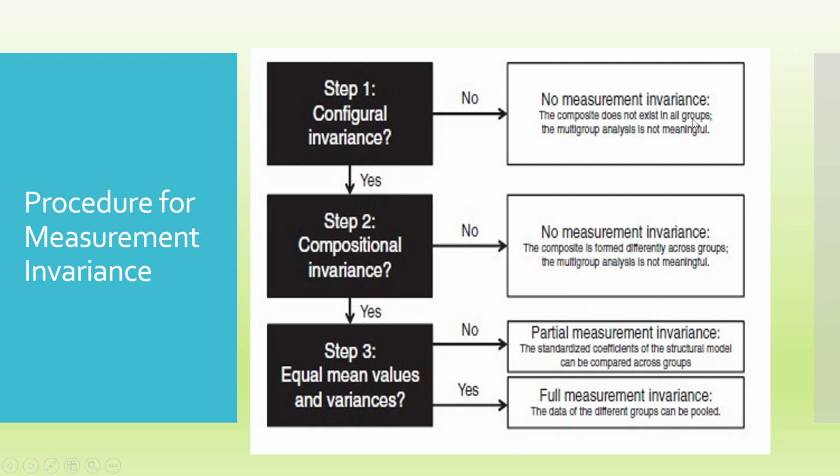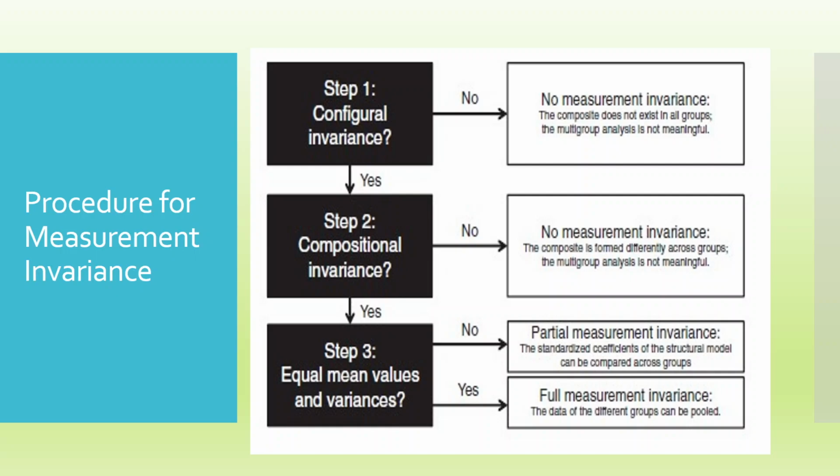The composite does not exist in all groups. The multi-group analysis is not at all meaningful. As two groups are not equal, we cannot report the multi-group results or report the results separately, or if we have carried out a different treatment on one part and a different treatment on another part, then also we cannot compare them, and therefore multi-group analysis is not at all meaningful in the first step.